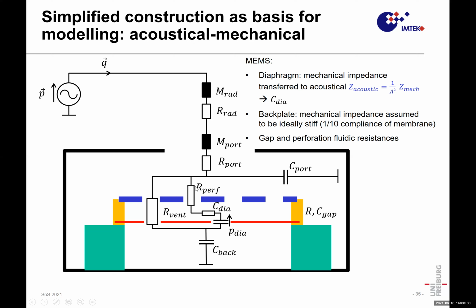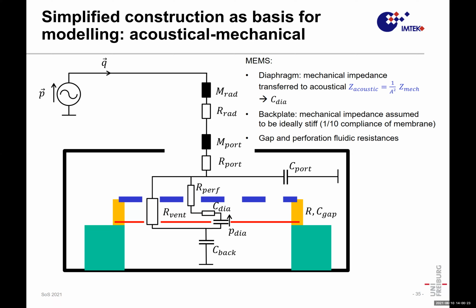And finally, we want to get the pressure drop, or the voltage drop, in this circuitry at the diaphragm. This would give us the displacement of our diaphragm. And by solving this network, we can do so. Now we have this structure sketched into our situation.